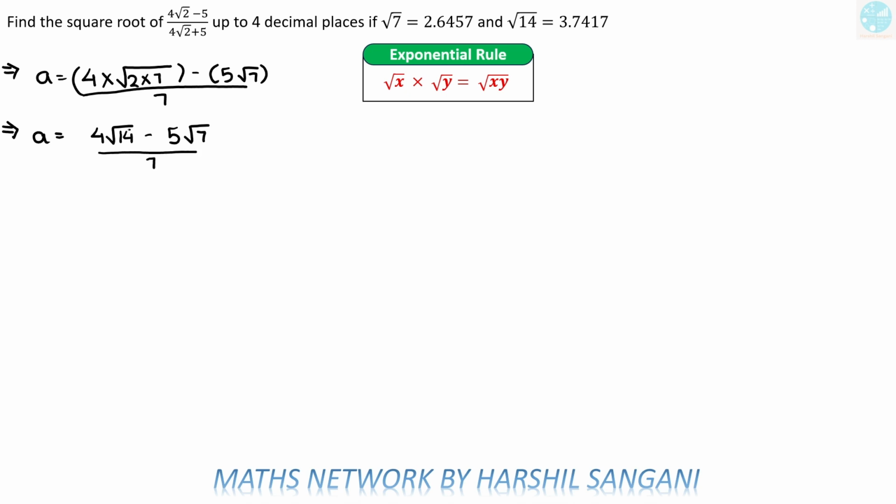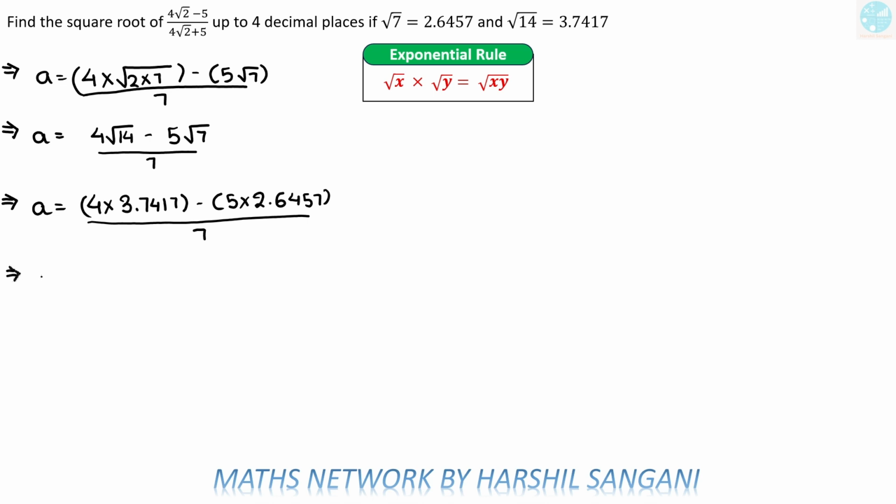Now we will replace root 14 and root 7 with their respective values. So now we will have A equal to (4 multiplied by 3.7417 minus 5 multiplied by 2.6457) in the numerator and 7 in the denominator.